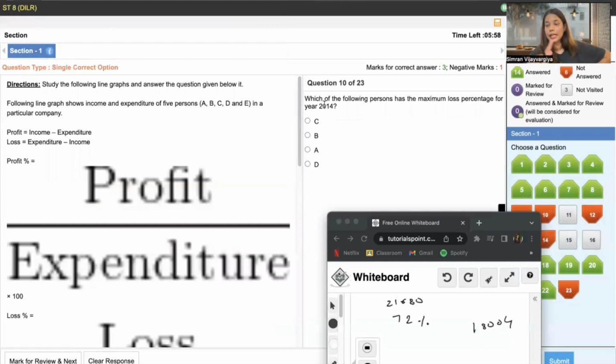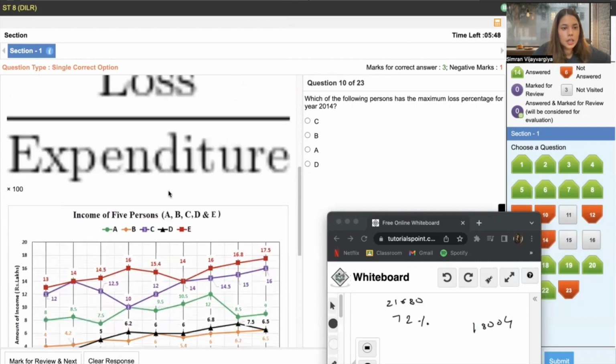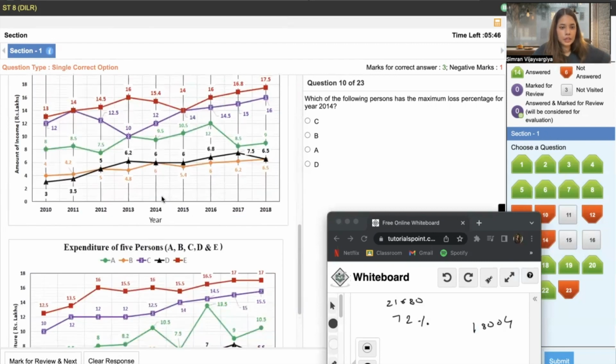Okay, since I have to only calculate for one variable here, I'm going to attempt this question first of this set. Which of the following persons has maximum loss percentage for the year 2014? Let's see. 2014.